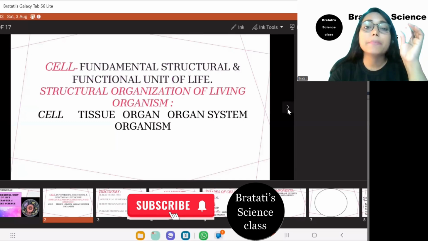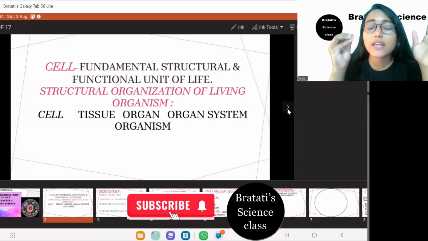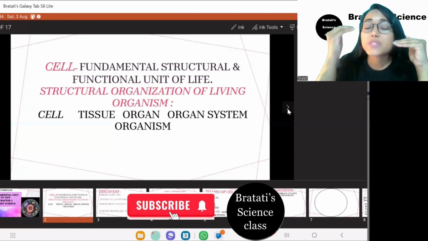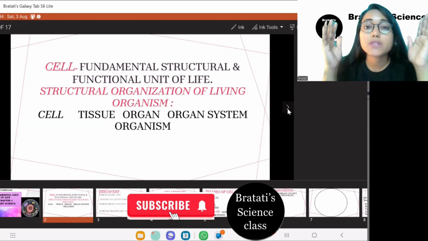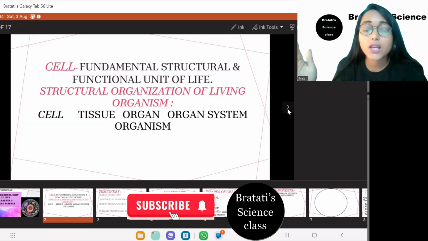As I said, it's a basic structural and functional unit of life. Structural, that is, you consider it's like a brick of a building, right? From one brick, we cannot make a whole building. We need many cells or many bricks together with the help of cement, sand, and other things to make a building.